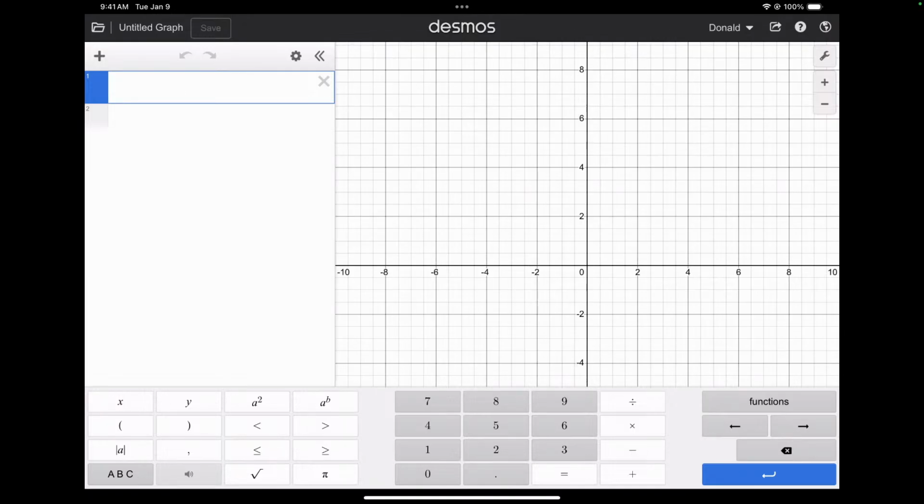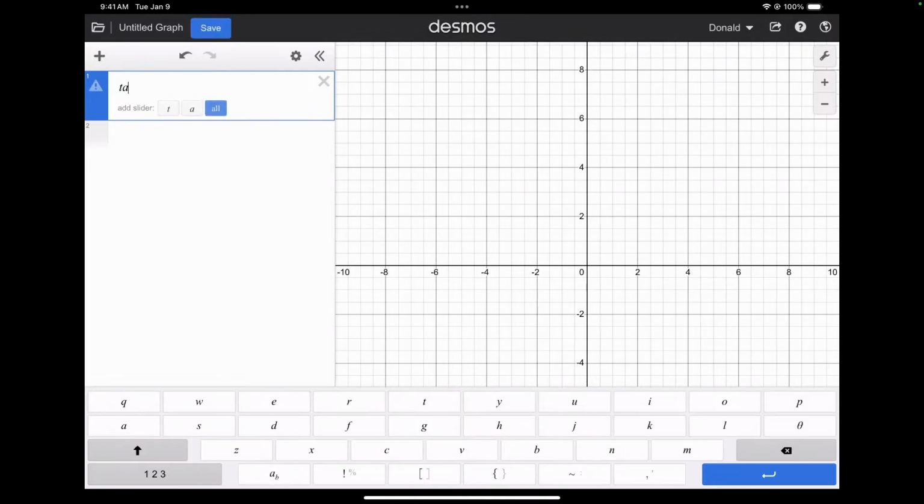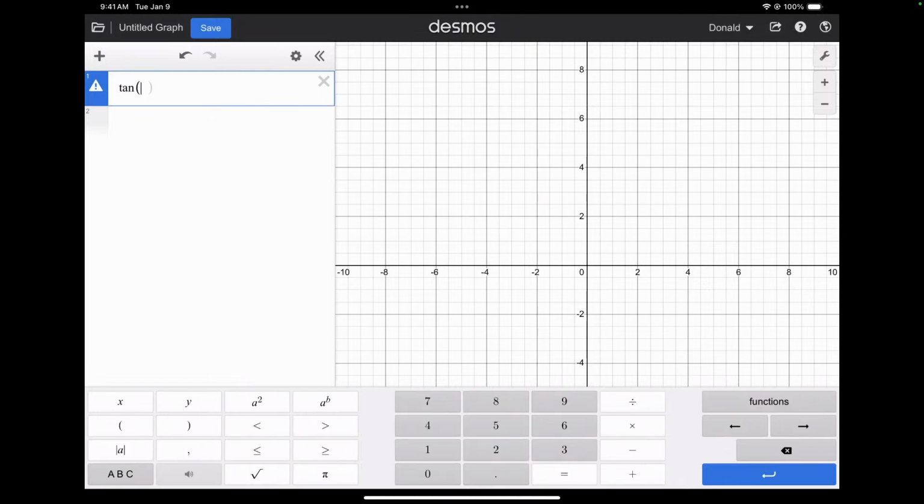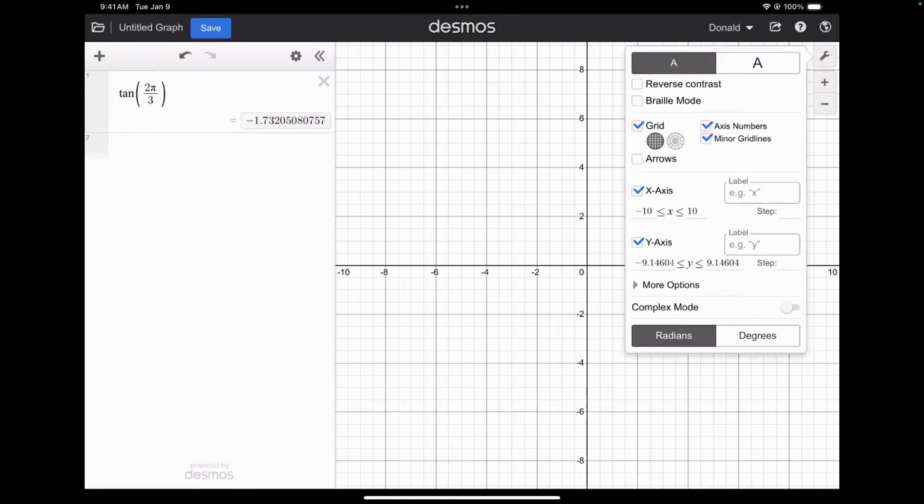And that's why I told all the people on SAT, if you don't remember, just type in tangent 2 pi over 3. But make sure the calculator is in radian or degree mode, because if you type it in degree, you're going to get a wrong answer. Radian will give you the right answer. So you've got to know your radian and degrees. You can change that, so in case you don't remember the value, or you want to make sure the value is right, you can go through that.